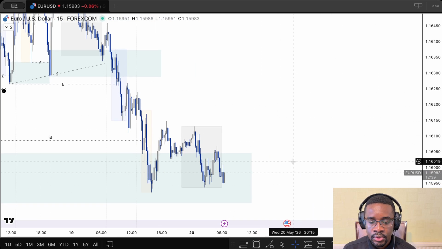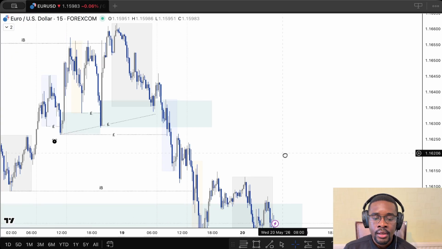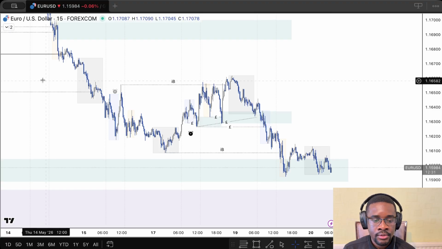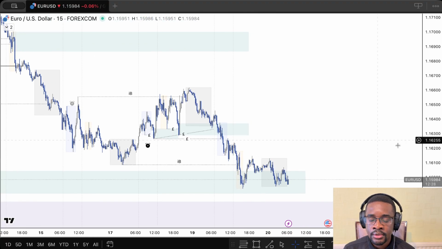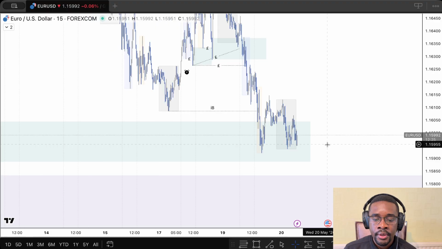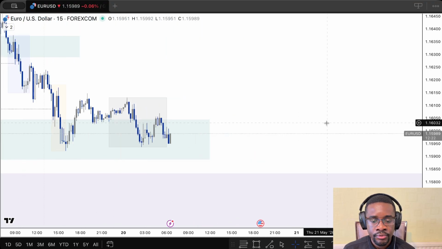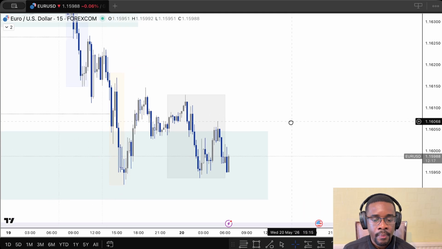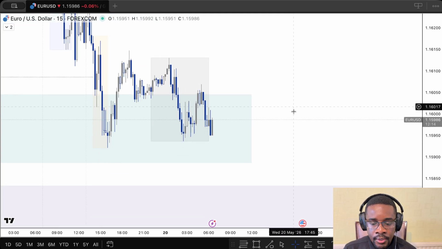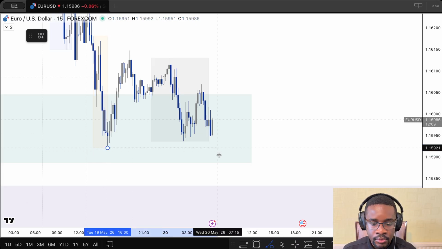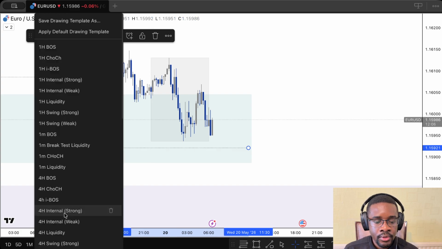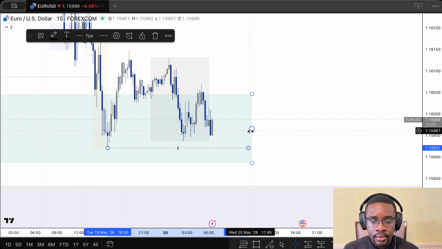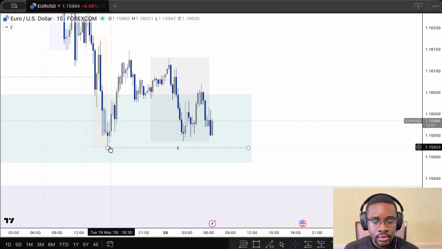So it's high odds to be looking for short continuations. However, the fact that this is after a break of structure, at some point we're going to have a reversal. So what do we see? I'll be waiting on that to be liquidated. That's Asia low.